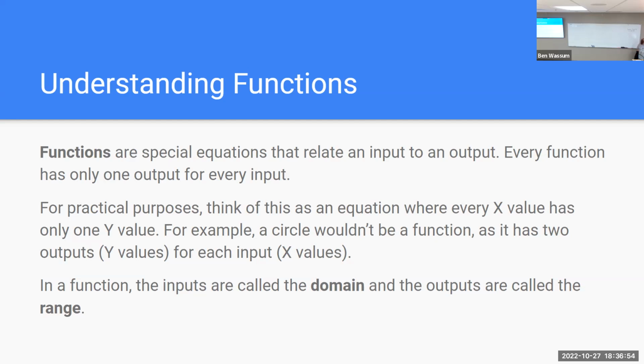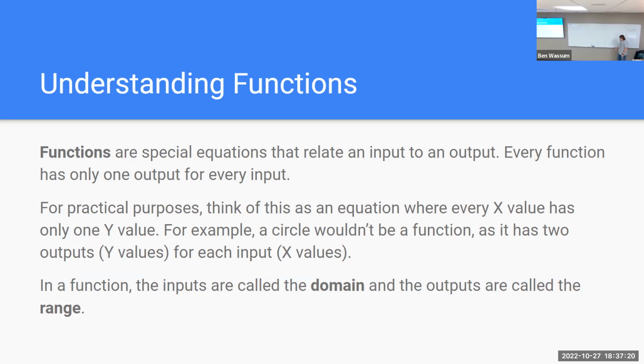Useful things on this slide. The idea of functions relating one input to one output, and what they're called. You can see that inputs are usually the x's, outputs are usually the y's. That can change based on which variables you're using.